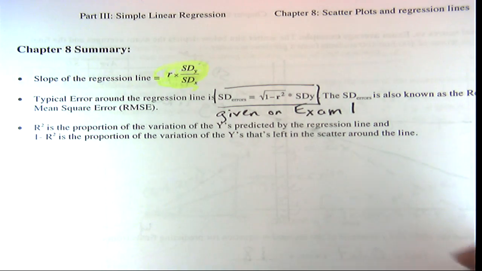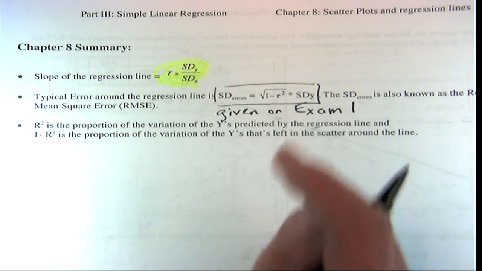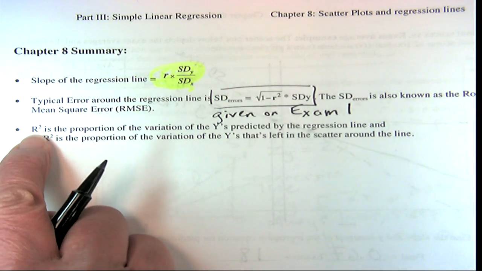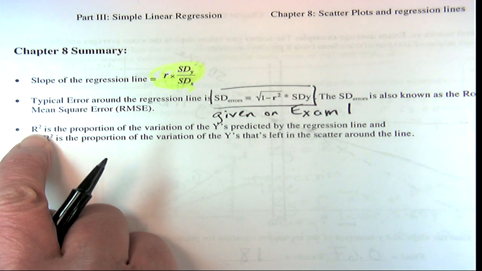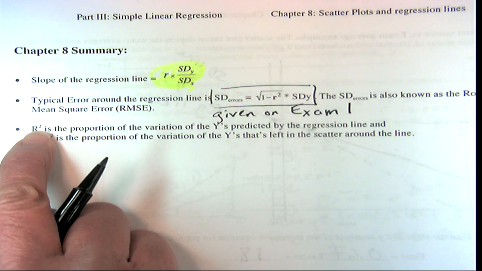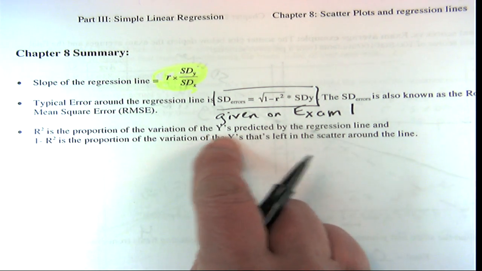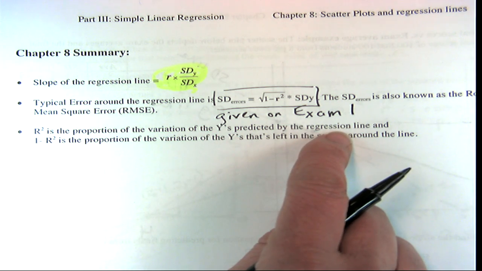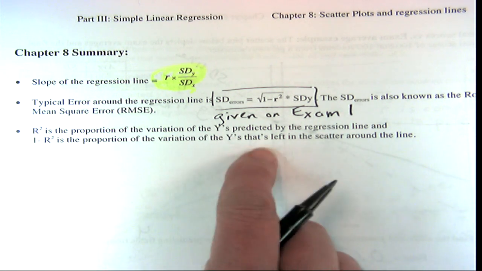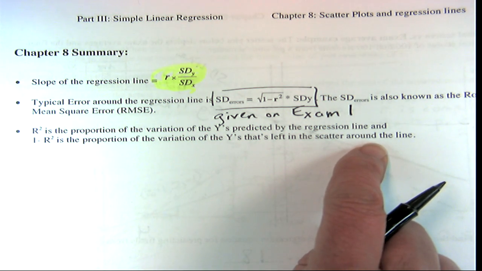The other thing we talked about is this little r squared. You're going to encounter this a lot as a capital R squared, especially when you get to multiple regression. It's the proportion of the variation of the y's predicted by the regression line. Then 1 minus r squared is the proportion of the variation of the y's that's left in the errors, the scatter around the regression line.